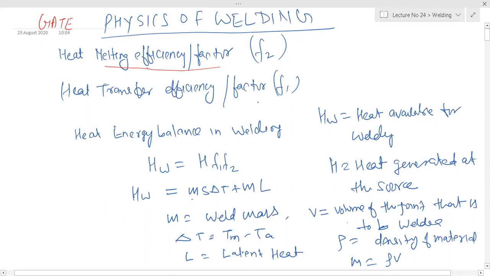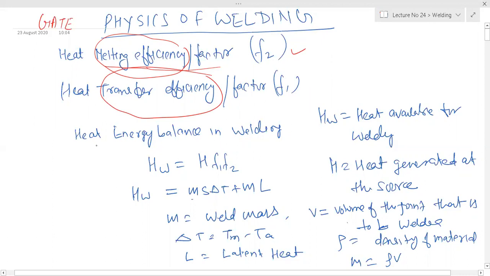To understand the physics of welding, we define two terms, two factors. One is your heat transfer factor F1, and melting efficiency F2.